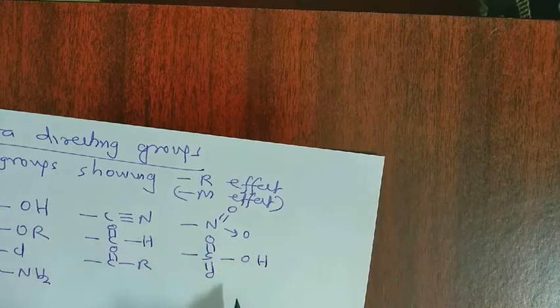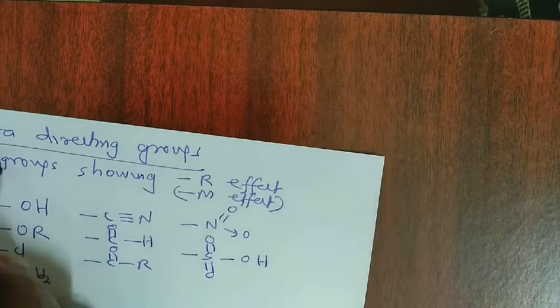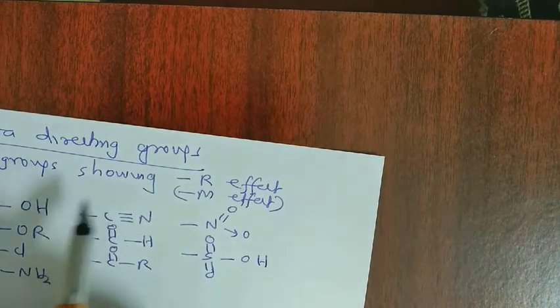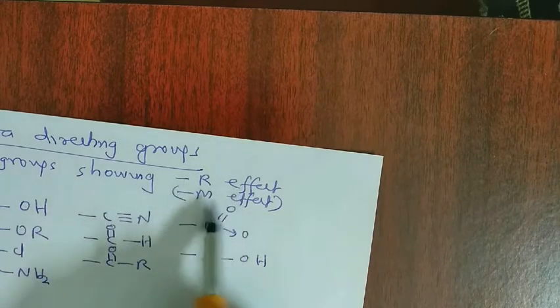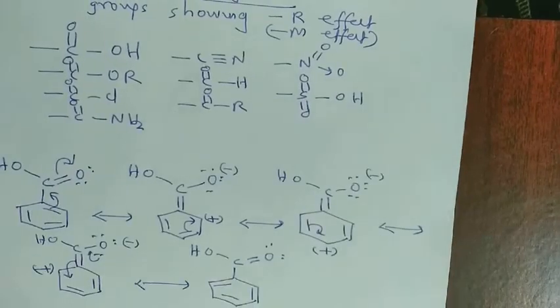This type of functional groups are all examples of meta-directing groups. All of them, when attached to the benzene ring, show a minus R effect or a minus M effect.